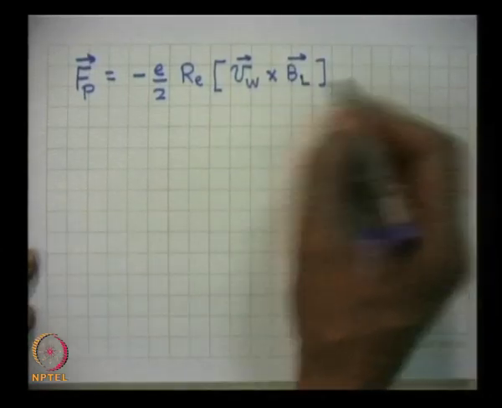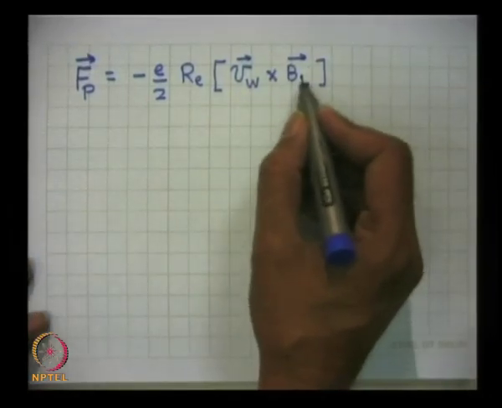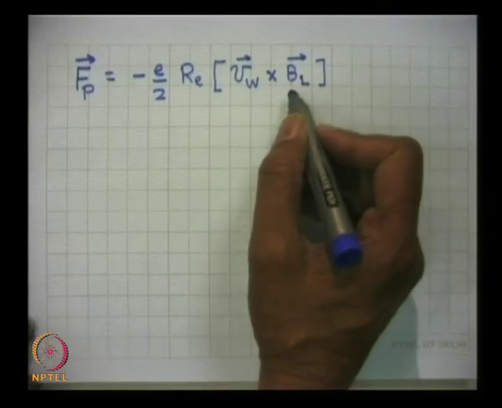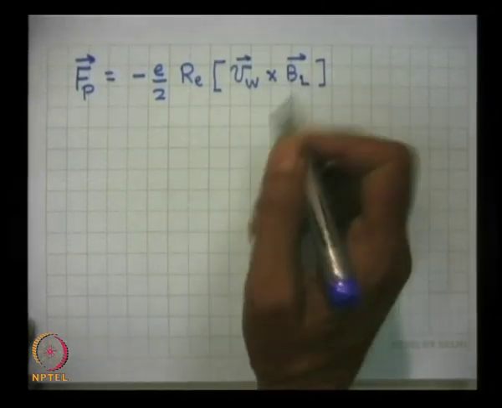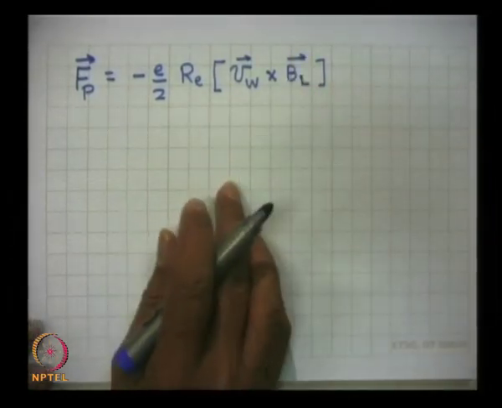The complex conjugate term in which BL star is there does not contribute because the real part turns out to be 0. This is the only term that survives.